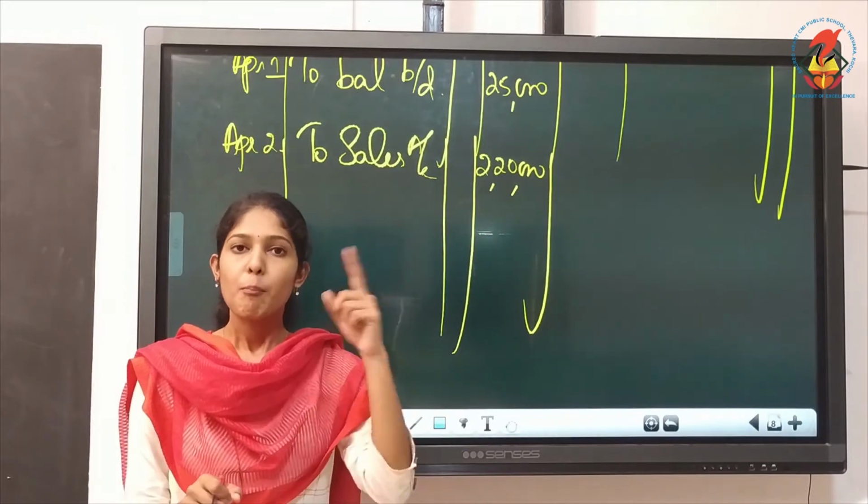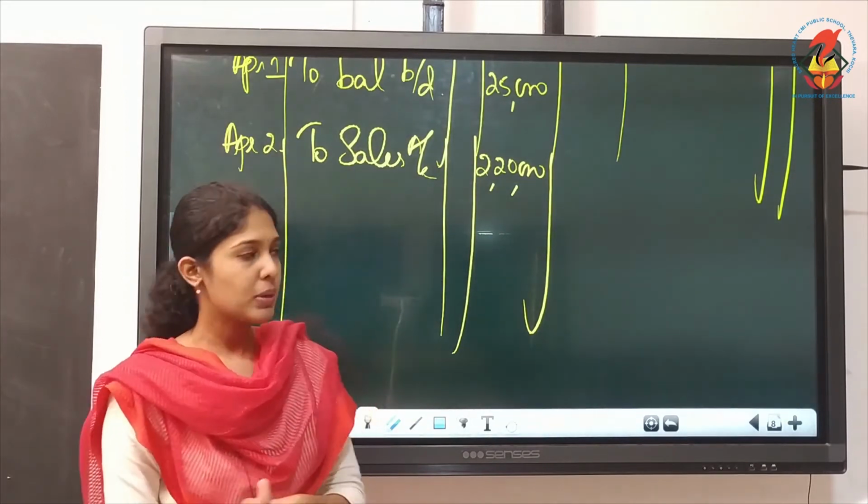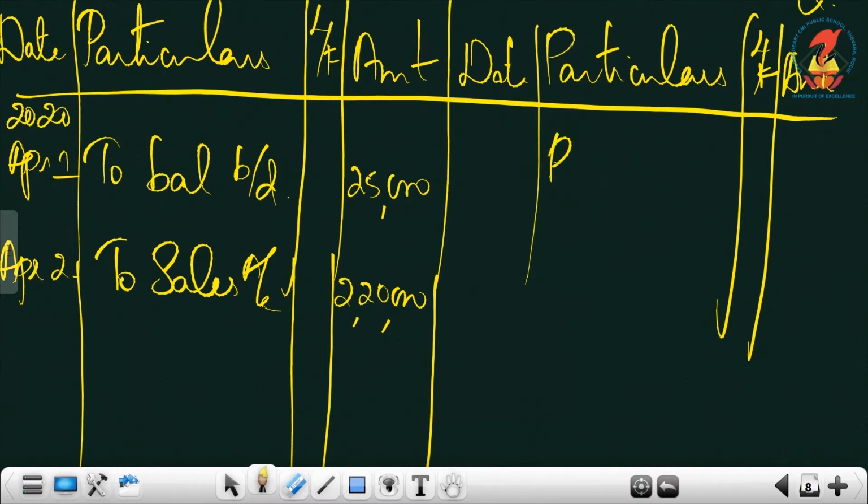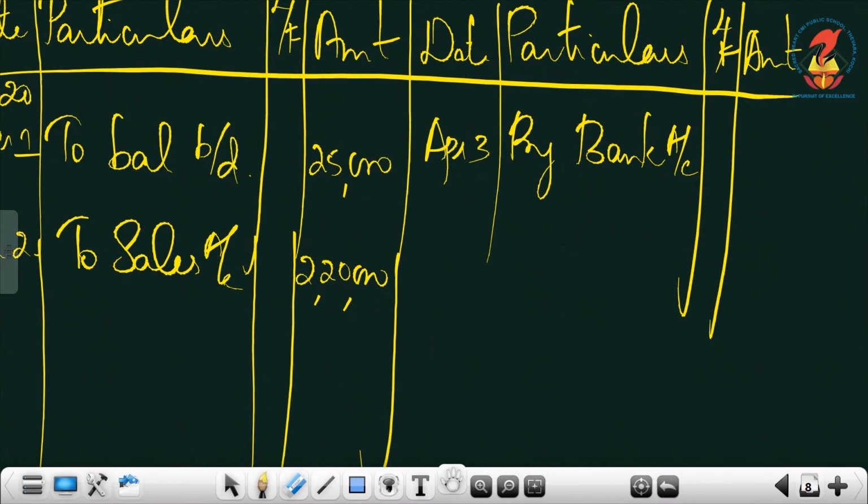But here it is bank account debtor to cash, which means we can do the posting on the credit side as by bank. These types of transactions which involve both cash and bank can be recorded in cash book. It's on April 3rd and the amount is 2 lakhs.